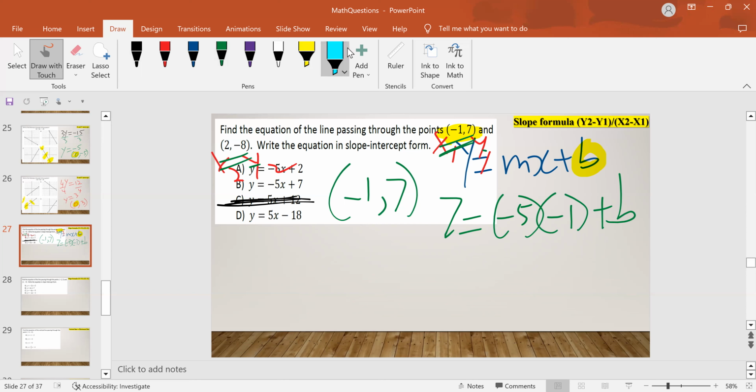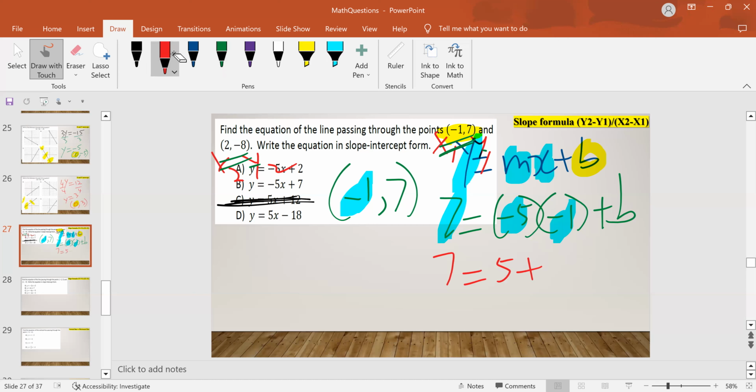Okay, let's explain it. The 7 here is for y. The m is -5. x is -1 from the given point. And the b is the unknown. So I have 7 is equal to 5 plus b, because -5 multiplied by -1 is +5.